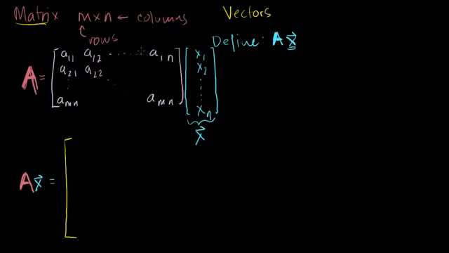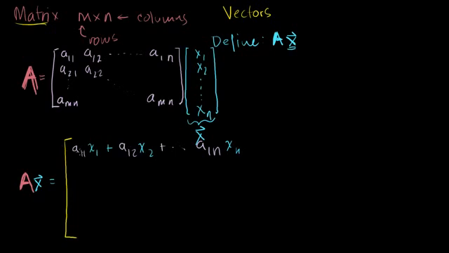You're going to take each row. We're going to show you that there are multiple ways to visualize this, but it's going to be A11 times x1 plus A12 times x2, all the way to plus A1n times xn.